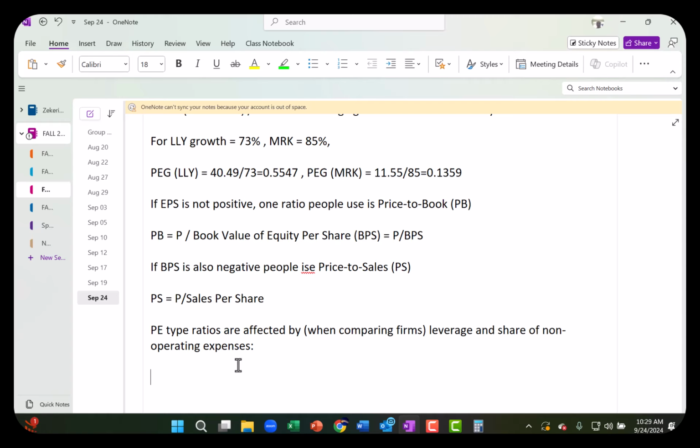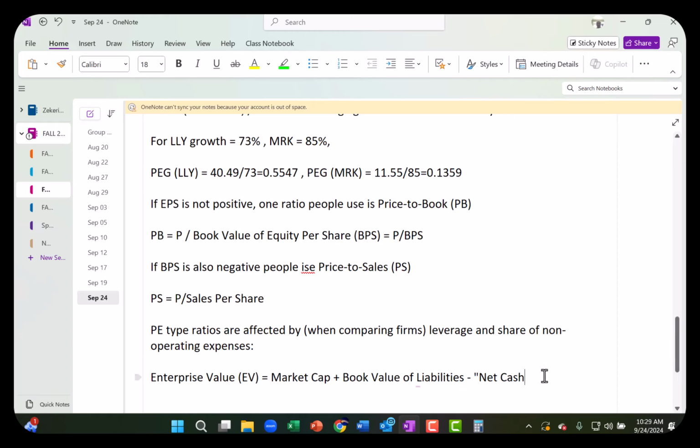Again, that's too complicated for the purpose of this class, but we're going to define a concept called enterprise value, EV, which is market cap plus book value of liabilities minus net cash.